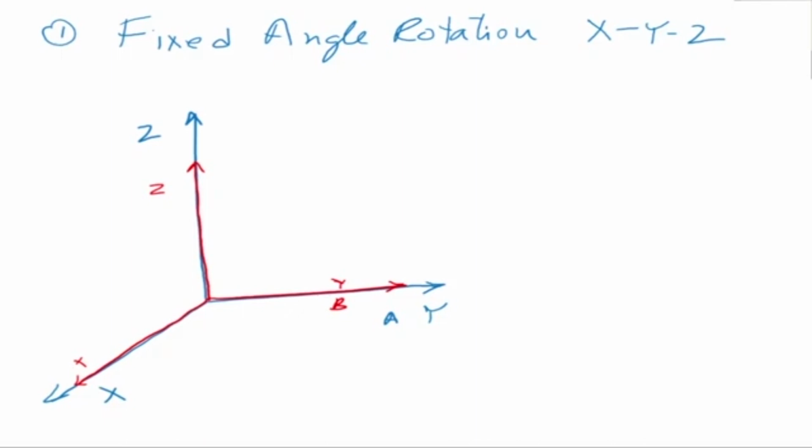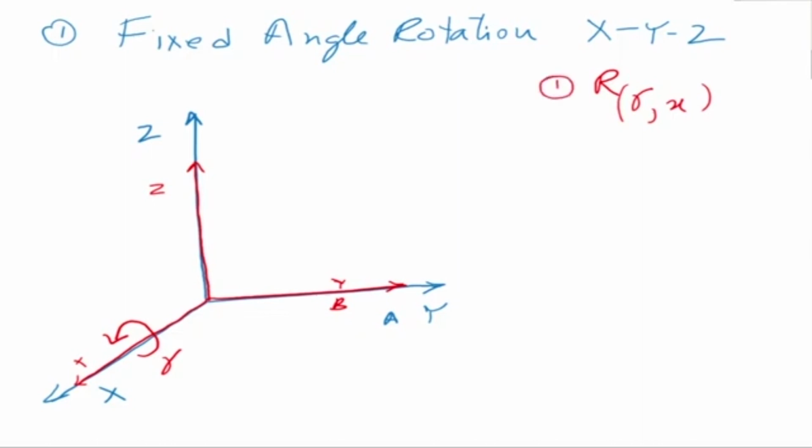So what is the rotation matrix? The identity matrix, right? Now, I rotate B about the x axis by an angle alpha. So my first rotation is a rotation of alpha about x. This is number 1.